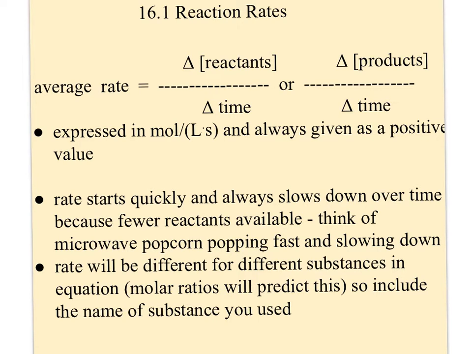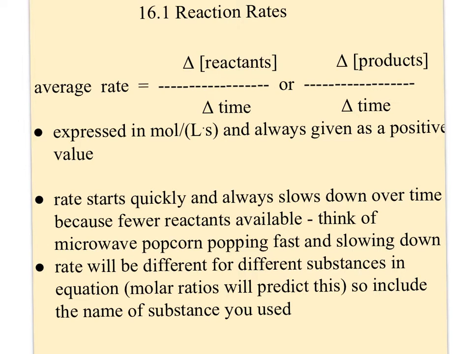So we express the answer in a rather strange unit, moles per liter seconds, and that's because your concentration generally is going to be expressed as moles per liter, or capital M, and your time is usually going to be in seconds, or it's possible it could be moles per liter minutes if it's a slow reaction, or even hours.